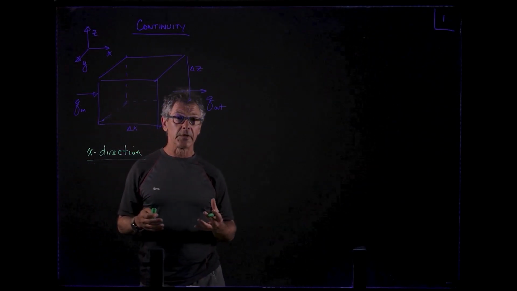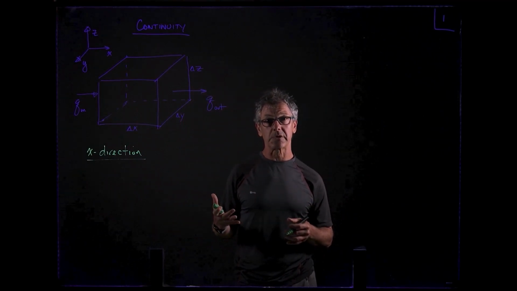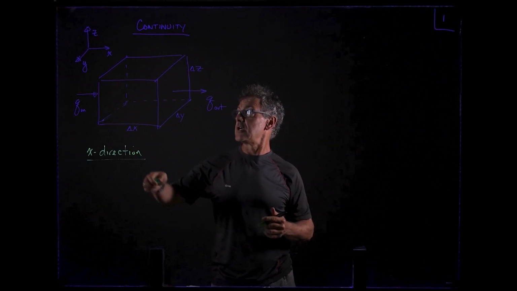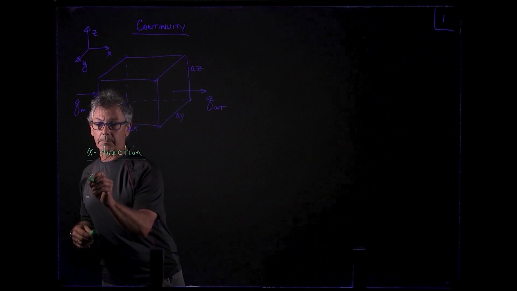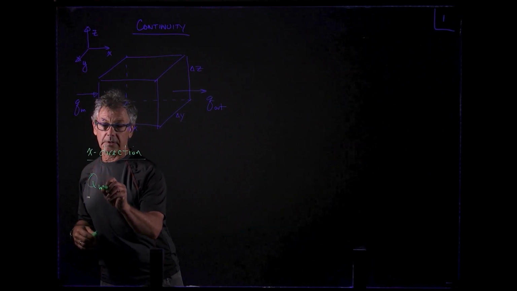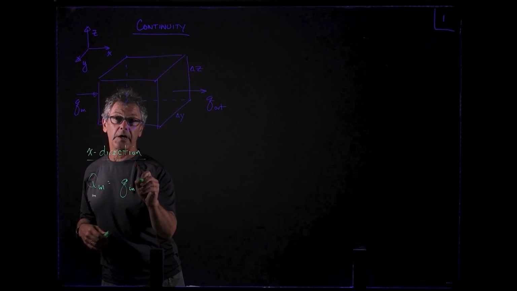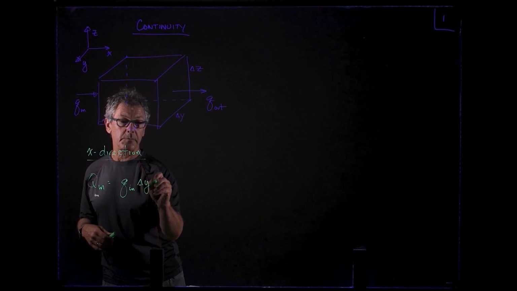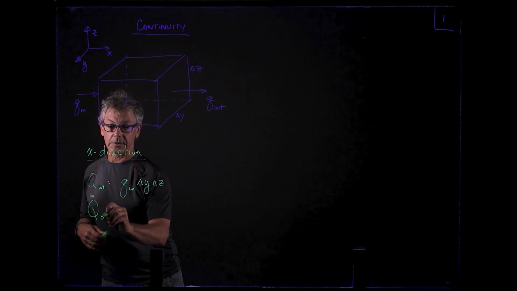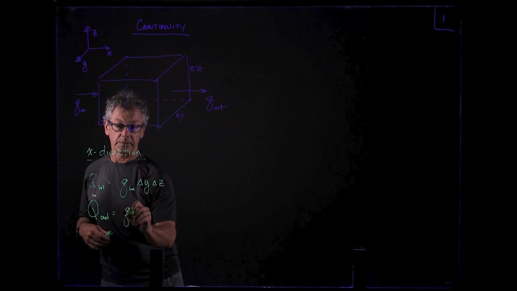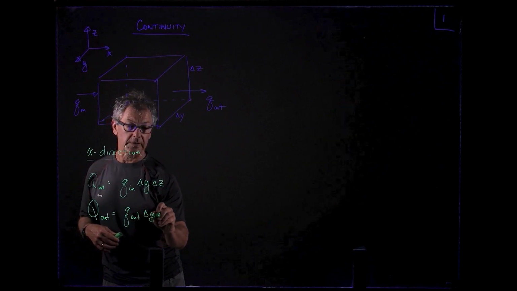So if you remember, the flow rate is going to be the Darcy flux times the cross-sectional area, right? So the total flow in here is going to be Q in is equal to lowercase q in times delta y times delta z, right? And then Q out is equal to the Darcy discharge out times delta y times delta z.